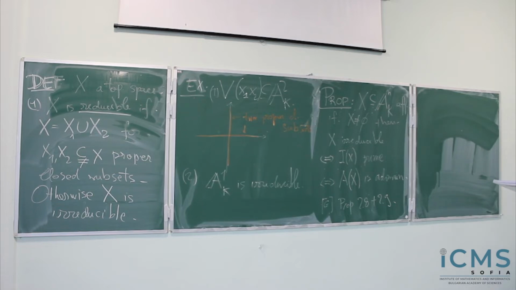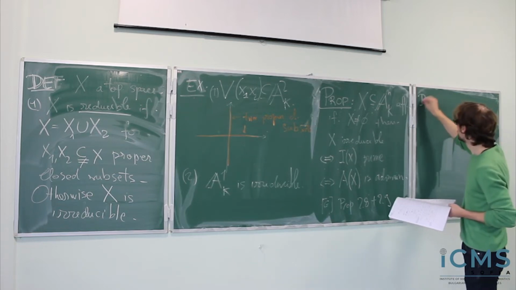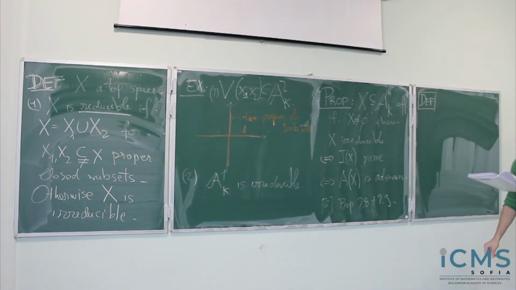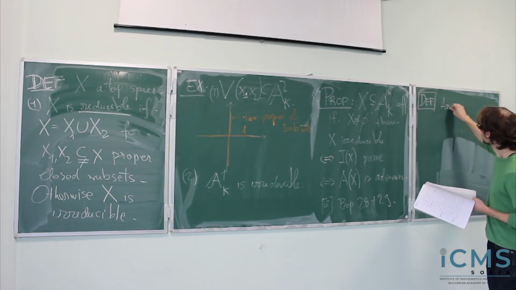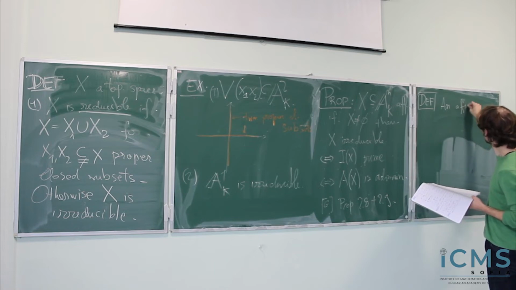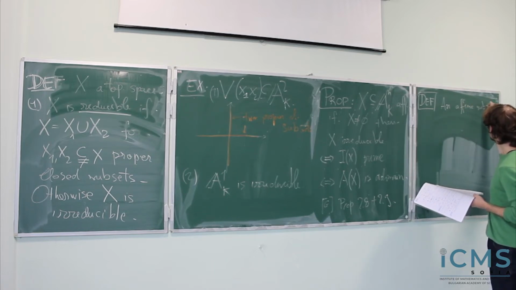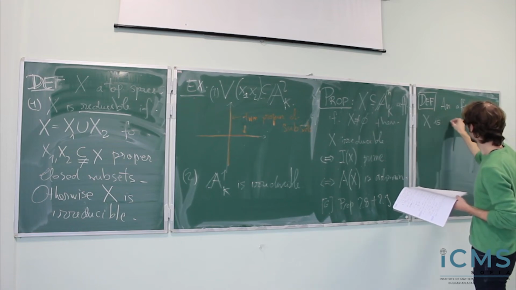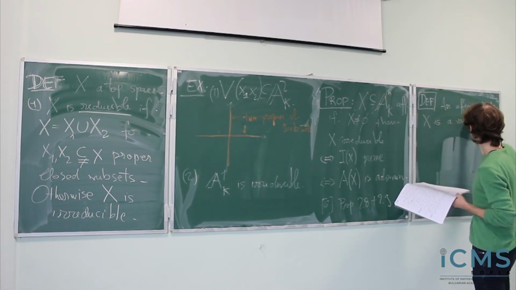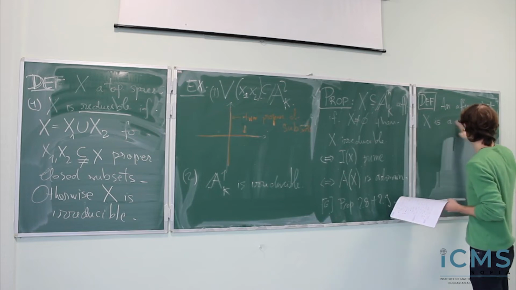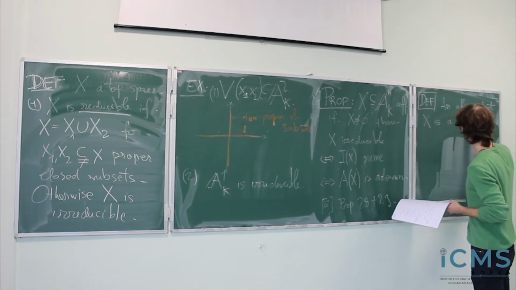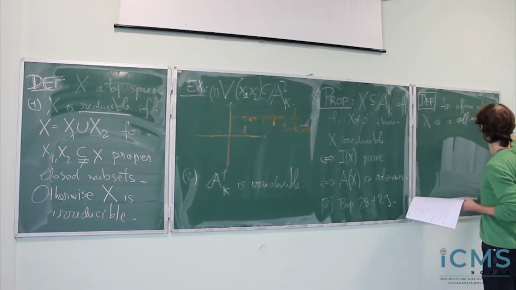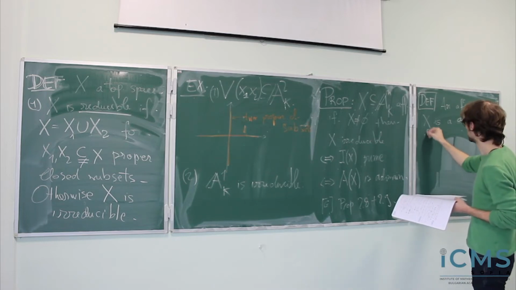So this gives us the very first definition of what a variety is. An affine variety is an affine subset that is irreducible.